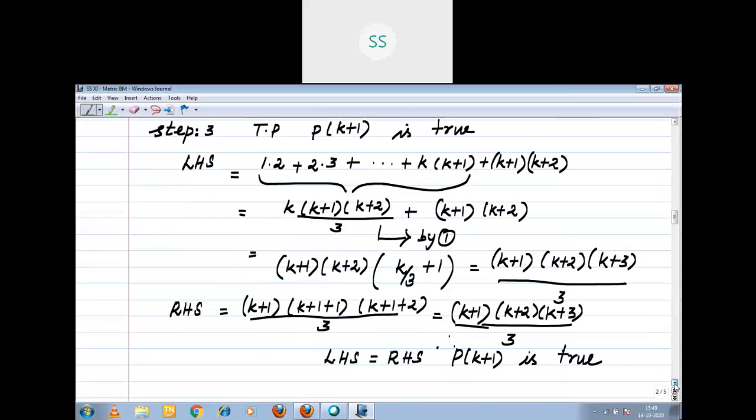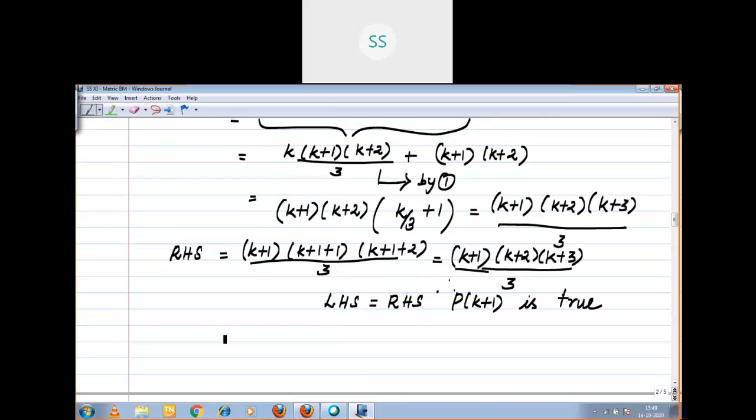P of k plus 1 is true whenever P of k is true.